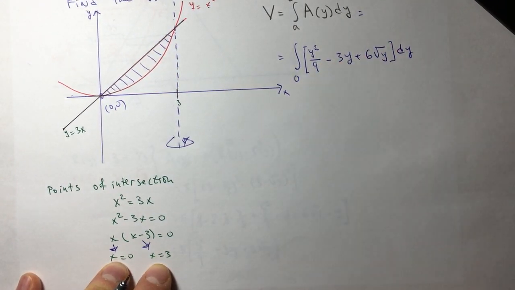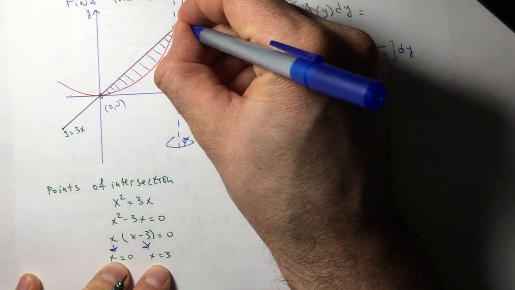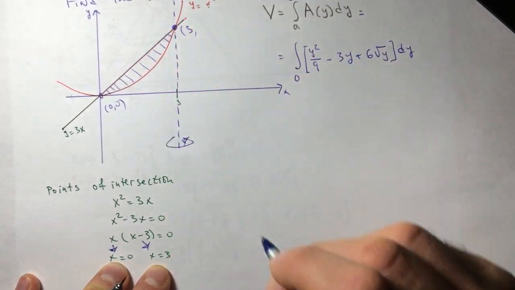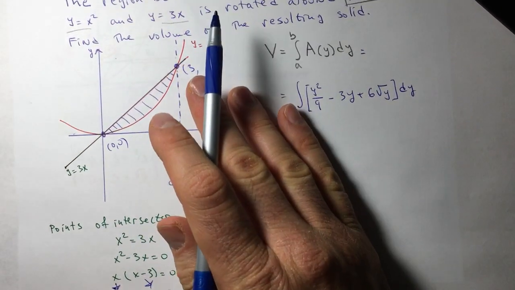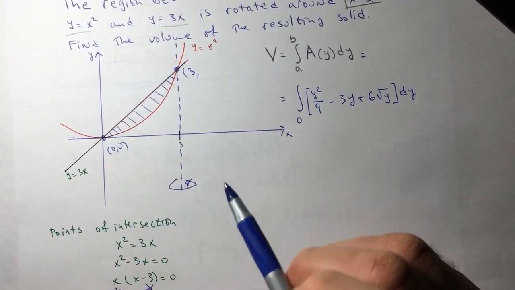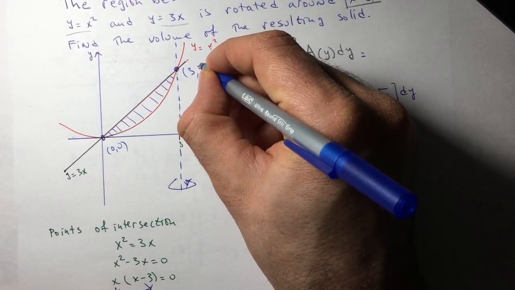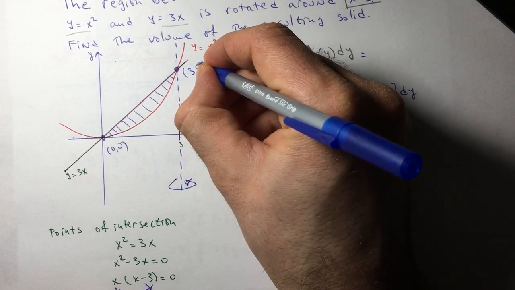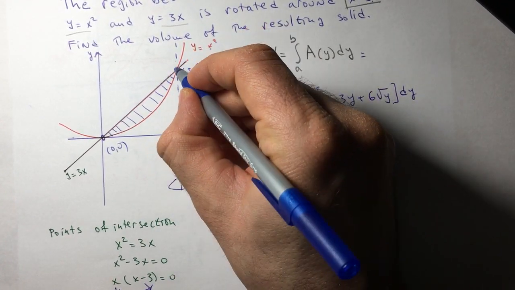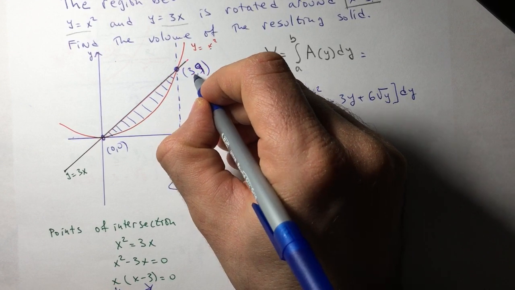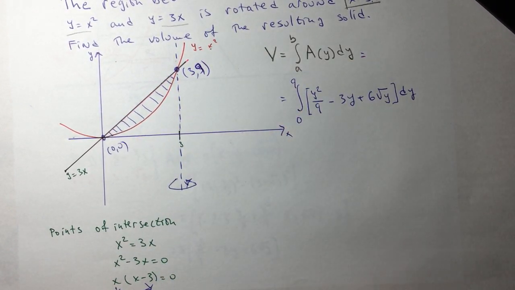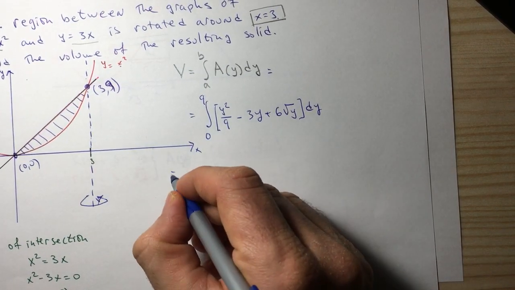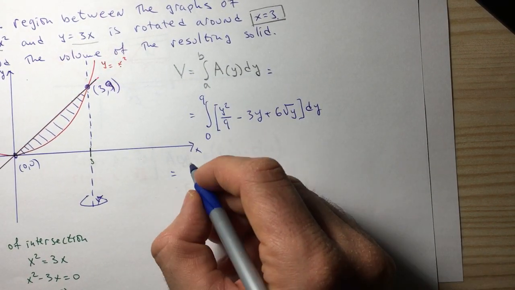So the lower bound of integration is 0, and then I know that here x is equal to 3, and then plug in either x squared or 3x. 3 times 3 is 9. So the y coordinate of this point is 9, so you integrate from 0 to 9. Okay, now it's just a Cal 1 question.